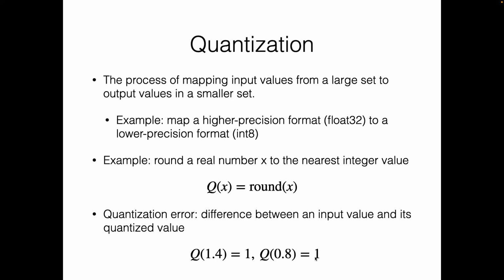Similarly, here we would incur an error. And you can also see this issue that comes up: since we're going from a larger set to a smaller set, you can run into collisions, where two different numbers are mapped to the same quantized value. So the question is, can we do a bit better than just rounding?